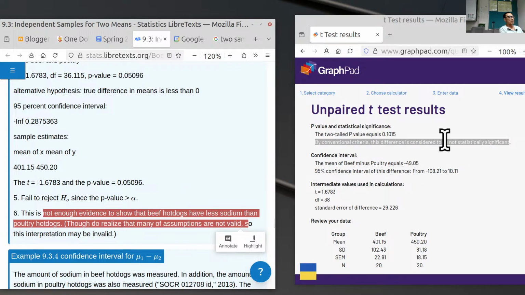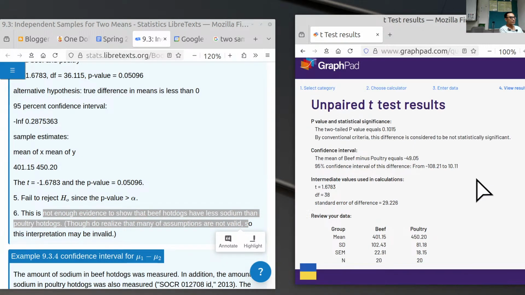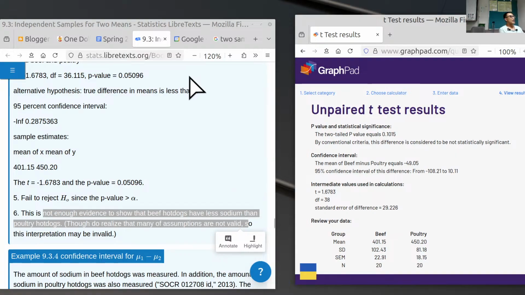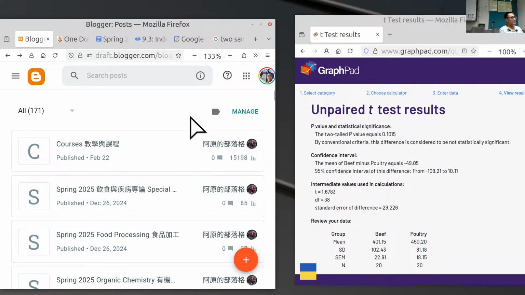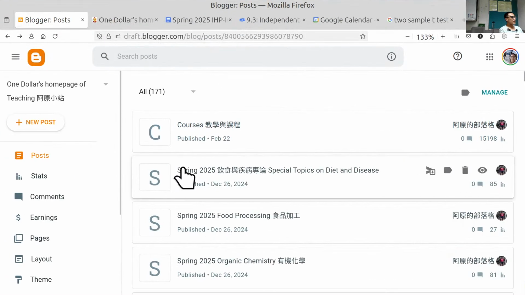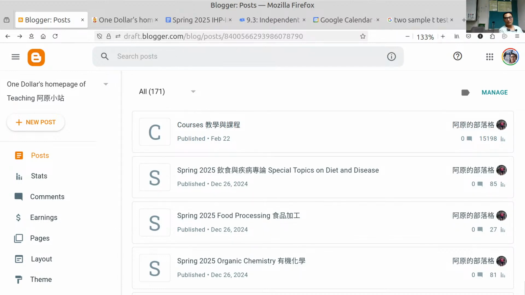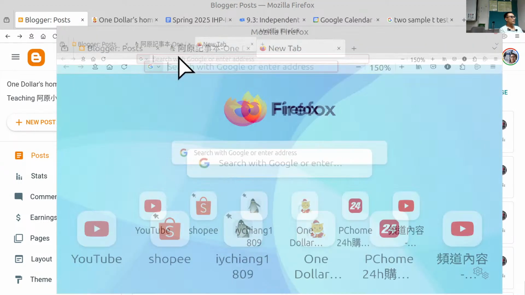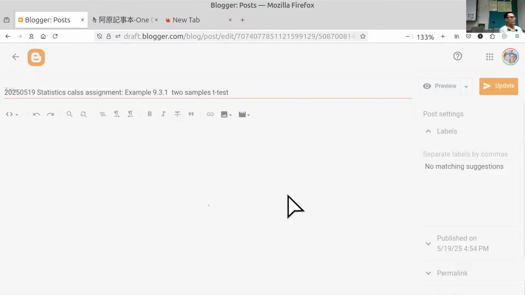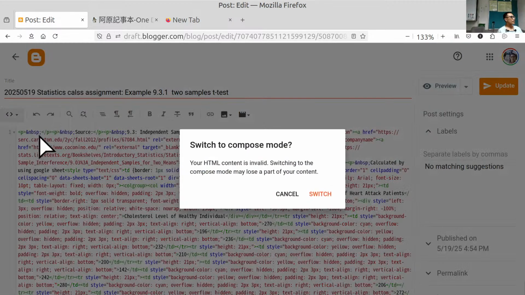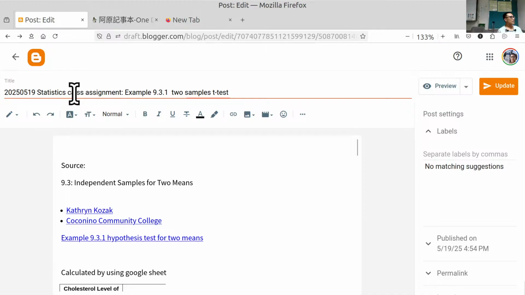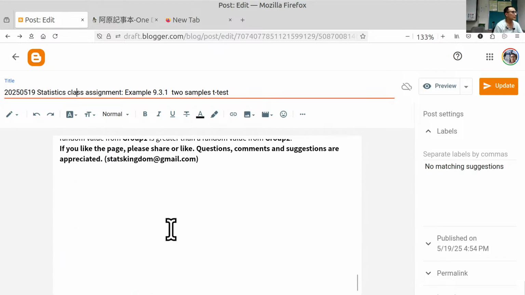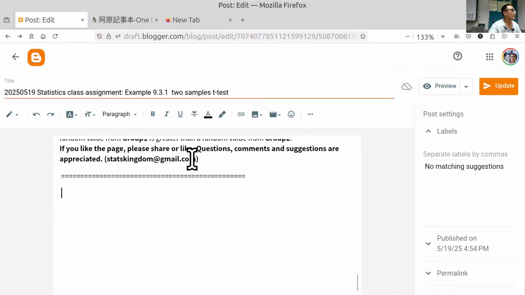Now, how to run this? For example, you can type the information here. I misspelled one.